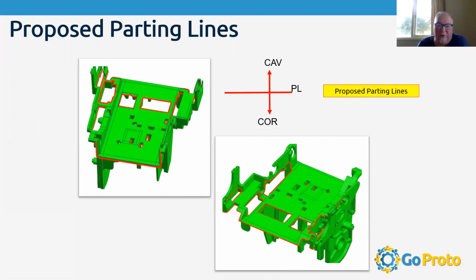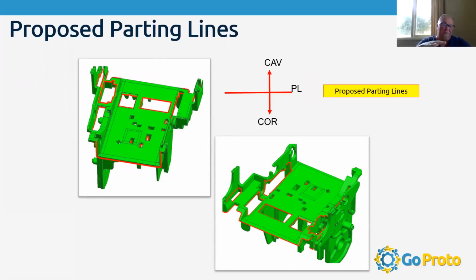One thing to note here, and we'll get into this a little bit more when we talk about draft, you see this parting line going across here, and then you've got the cavity labeled with the up arrow, the core labeled with the down arrow. When you're adding the draft to your part, you want to know where your parting line is, and then add your draft accordingly.